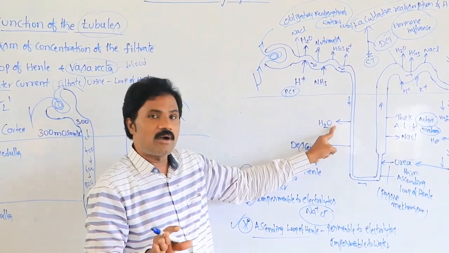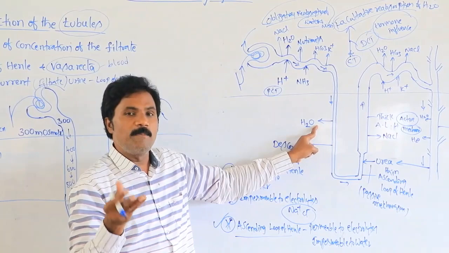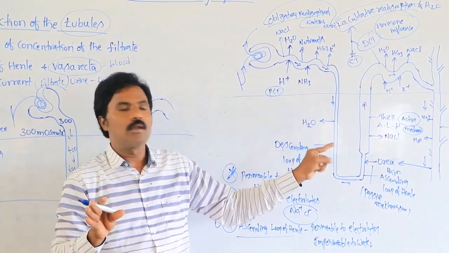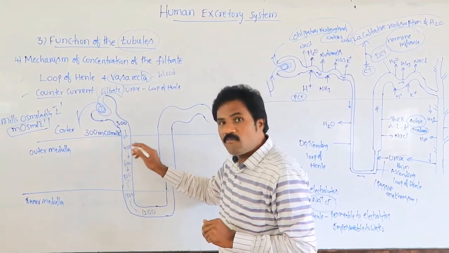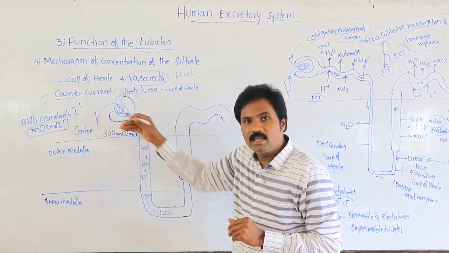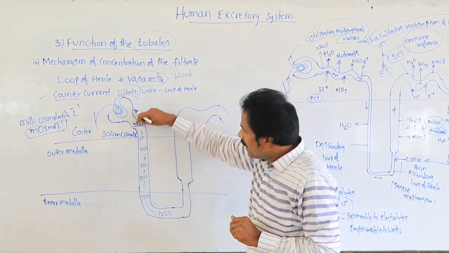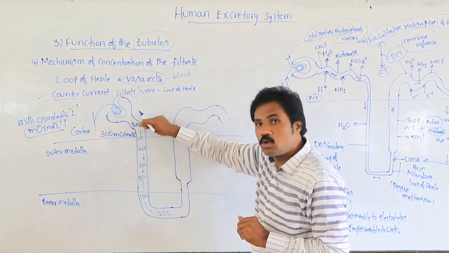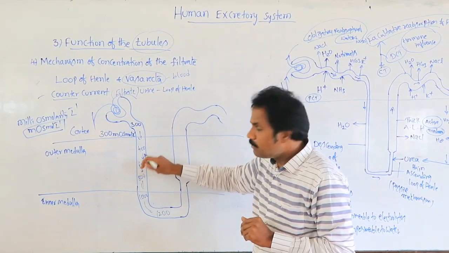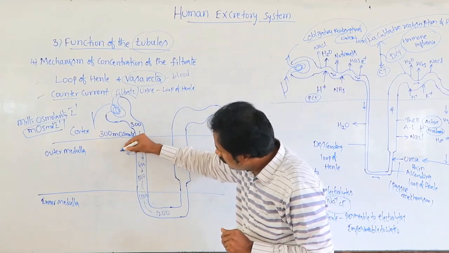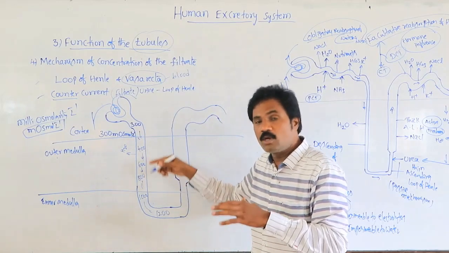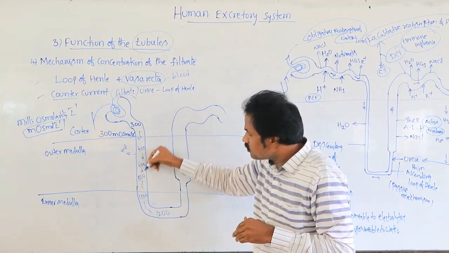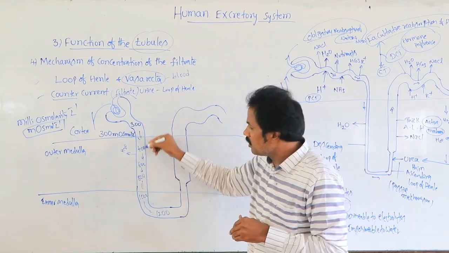So maximum water is eliminated, that means reabsorbed, and the maximum amount of salts remains in the filtrate. Only water leaves, so the salts persist. That's why the concentration gradually increases.